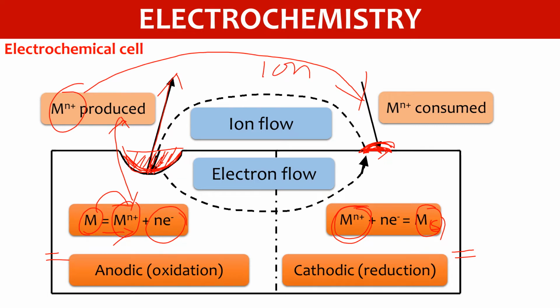At the anodic side, we are producing electrons, which are transferred to the cathodic side, where they are consumed to allow the deposition of your metal. So this is an example of an electrochemical cell and what happens in electrochemical reactions.